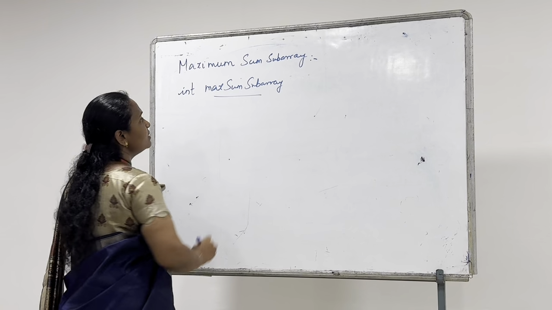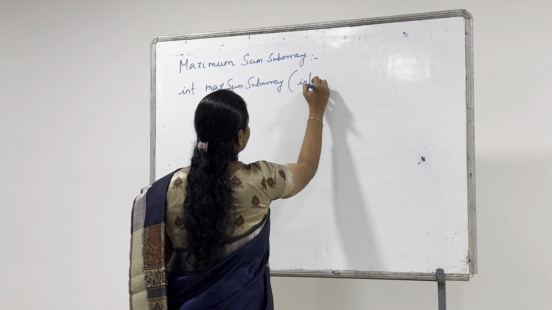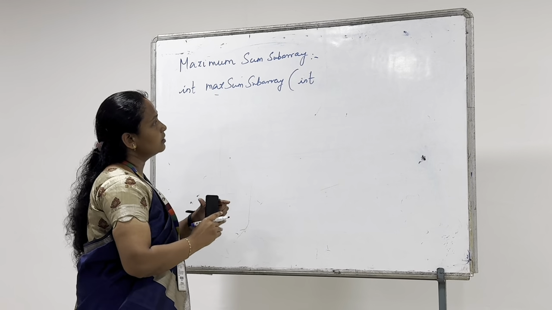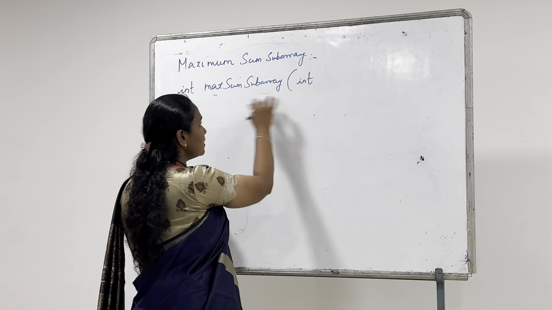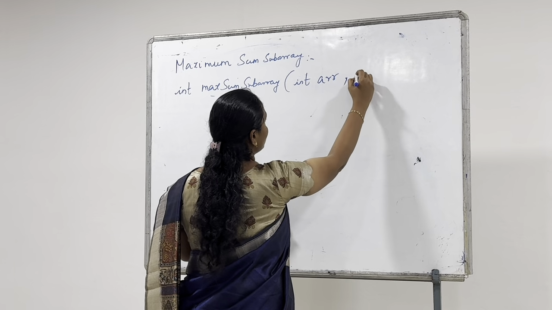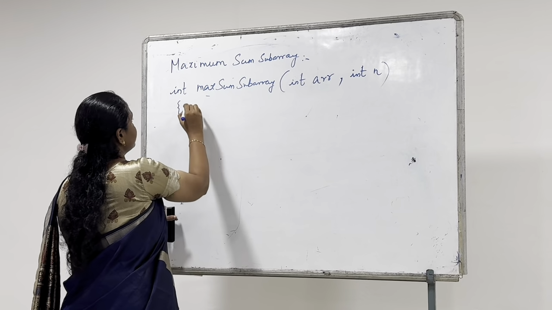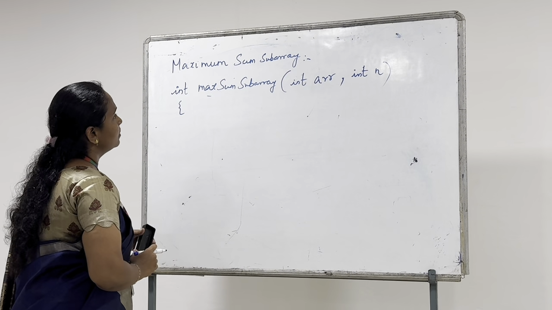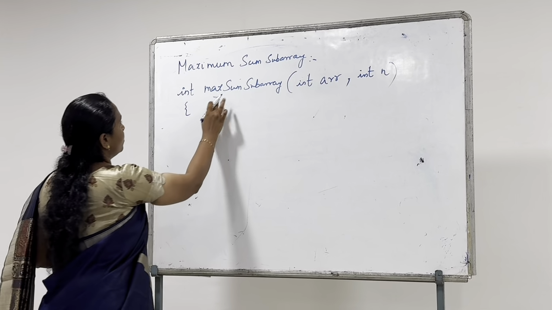Here the function name is max sum subarray. From the main function, the arguments passed are the array and the number of elements. So here the function definition accepts the array and also the number of elements n. This is the function to compute the maximum sum subarray.